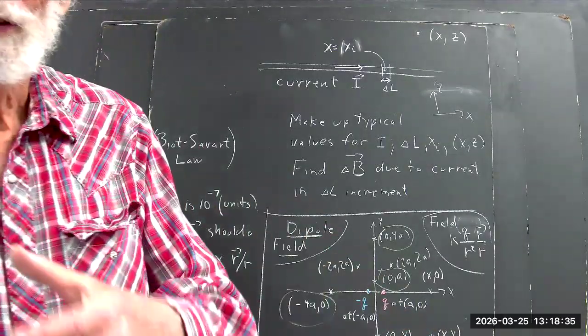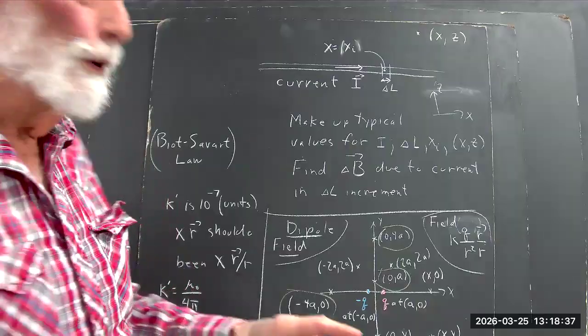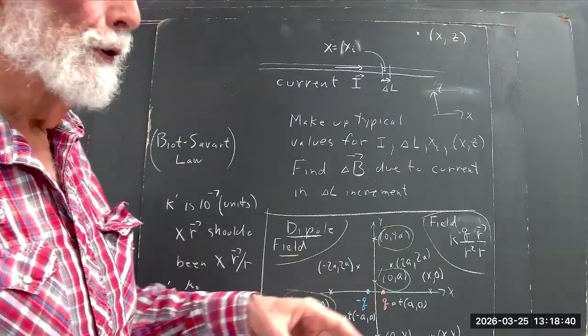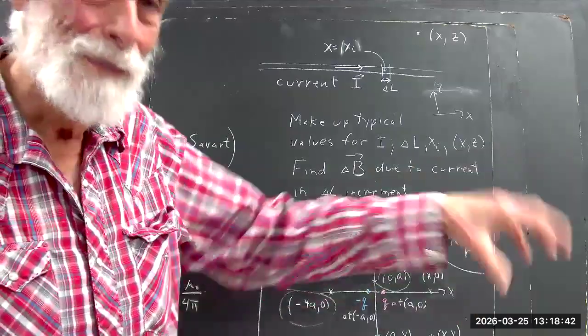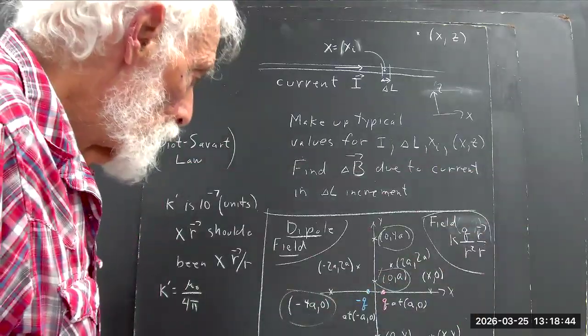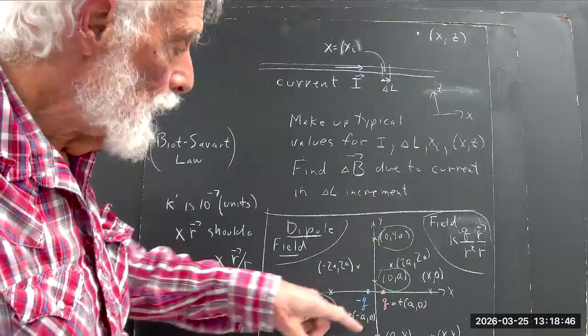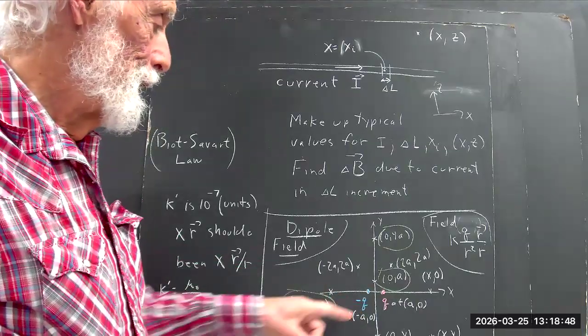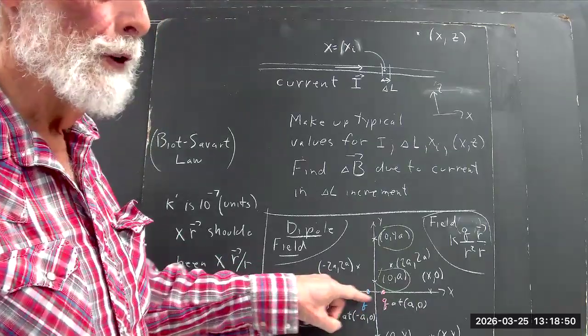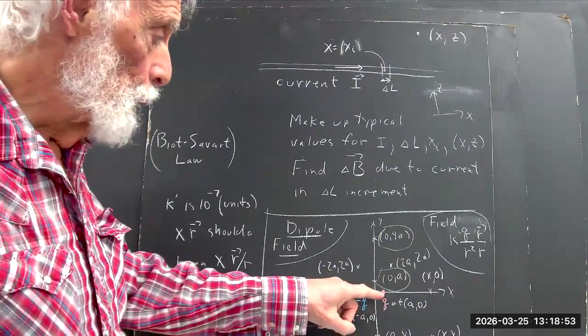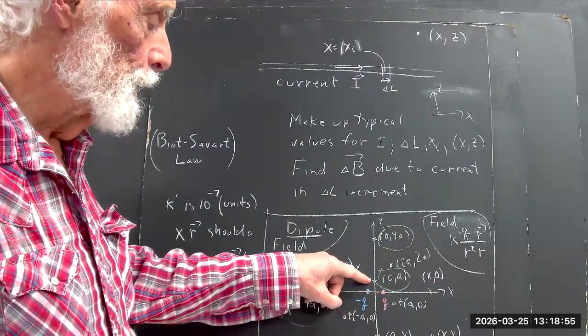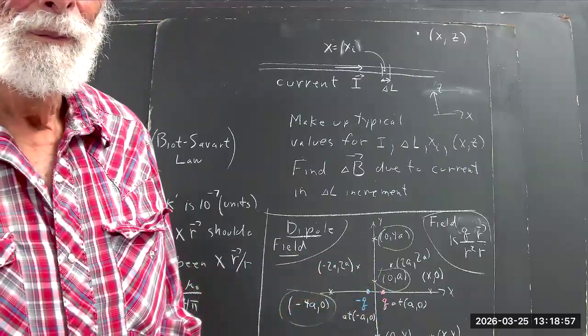You need to learn to focus on one thing at a time, especially when you're dealing with electric fields due to point charges at discrete points. So then I said, focus on one of your charges. You pick either one and figure out what the electric field is at the point 0, a, due to that charge.